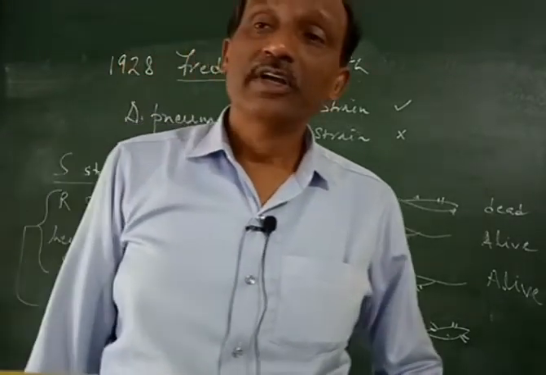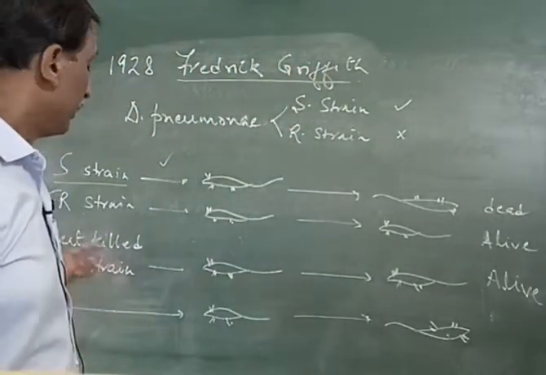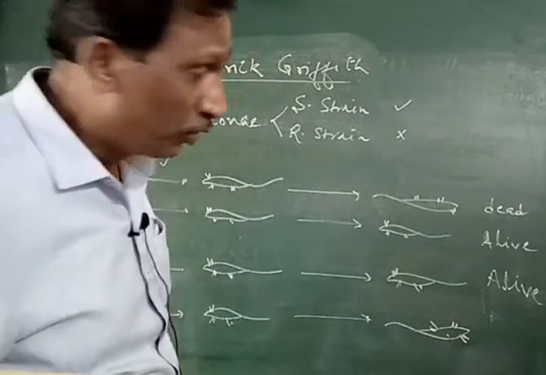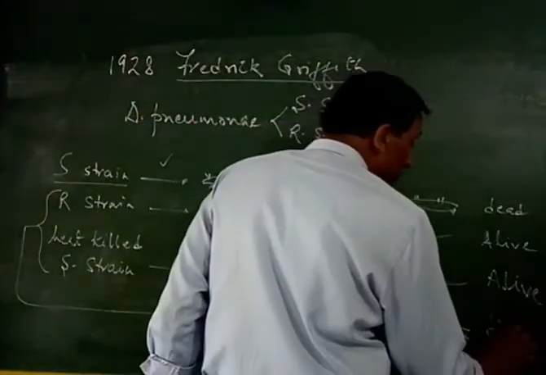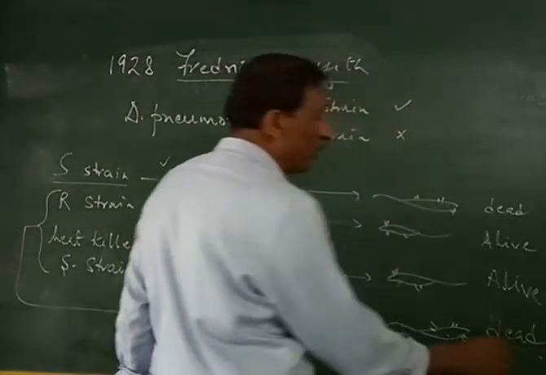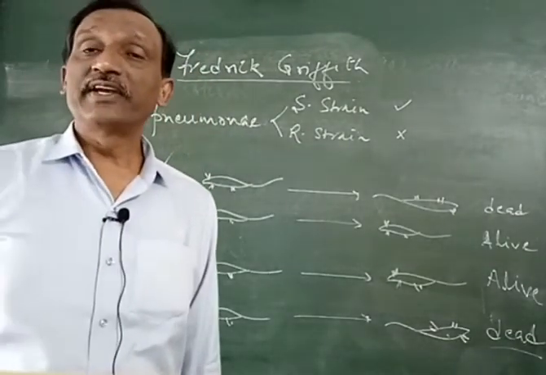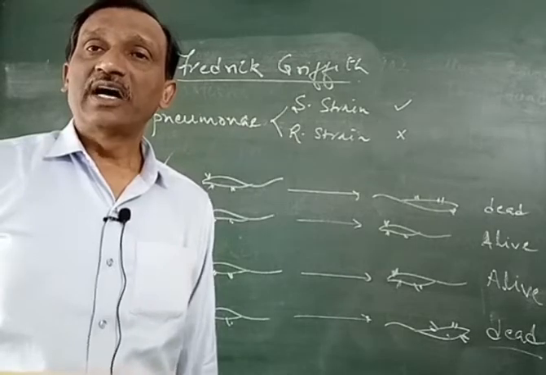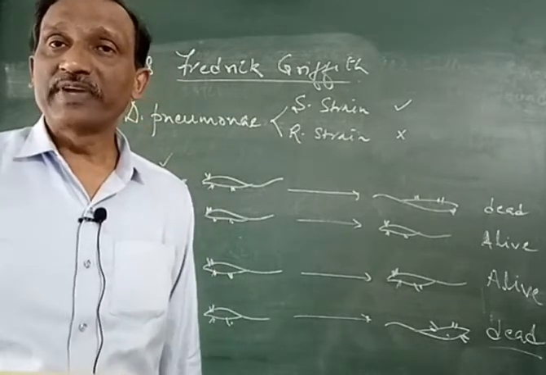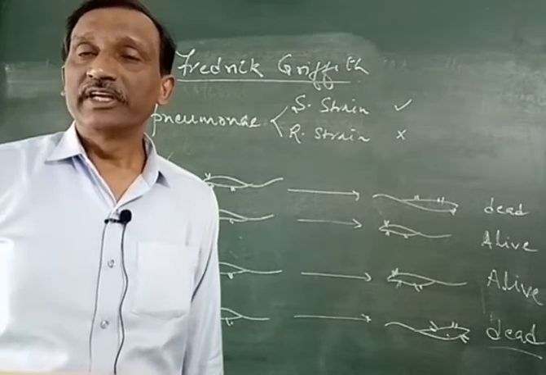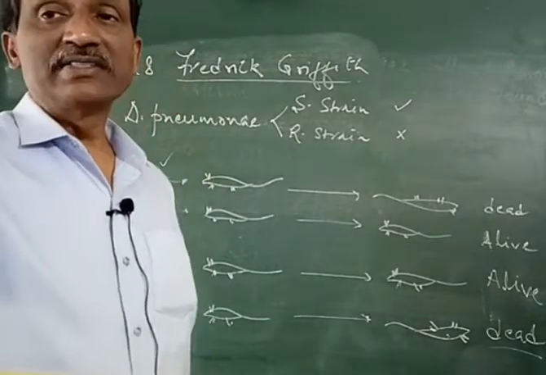Yet he could not find a rat alive. The rat always used to die from pneumonia, and its blood sample always contained live S variety. After repeating the experiment a number of times, he could not get an answer for this.